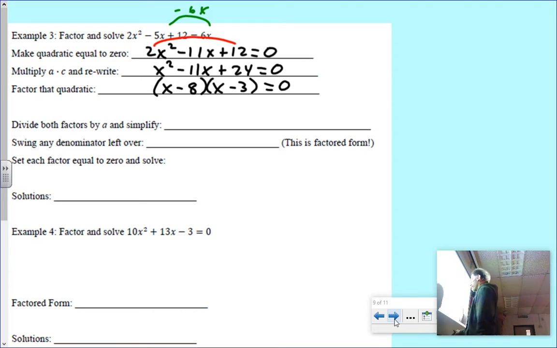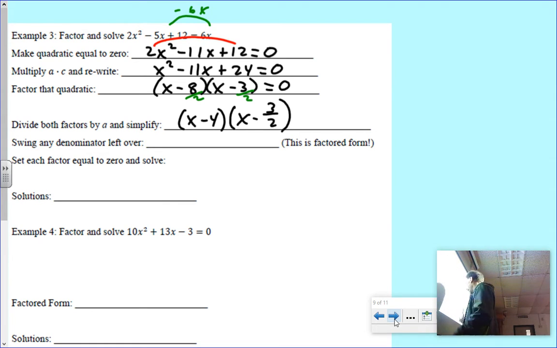And then, the next step, we have to undo our cheating. When we multiplied that 12 times 2, we were kind of cheating, right? So we come back and redivide by that a value, by whatever I multiplied by. If you can simplify it, great. 8 over 2 is 4, so that just becomes x minus 4 for the first factor. The second one can't be simplified.